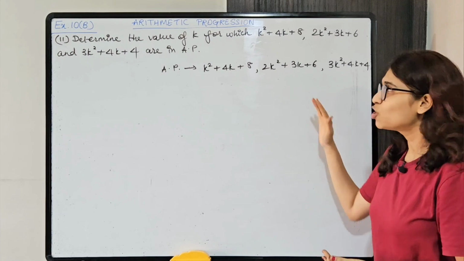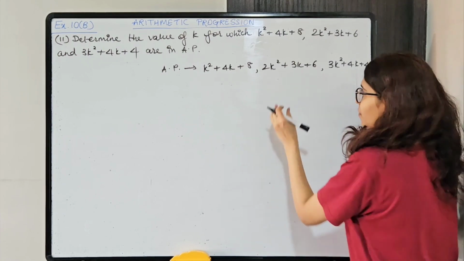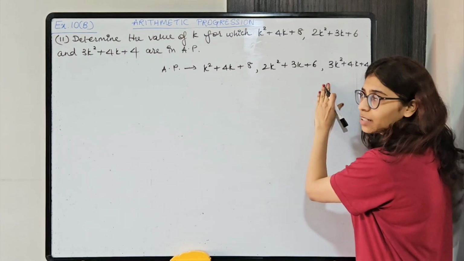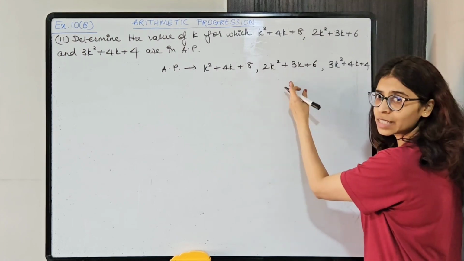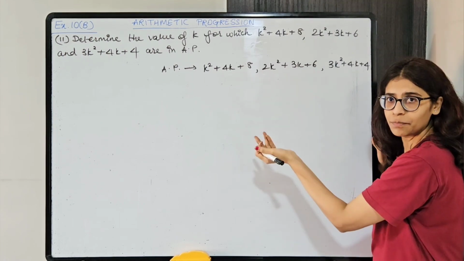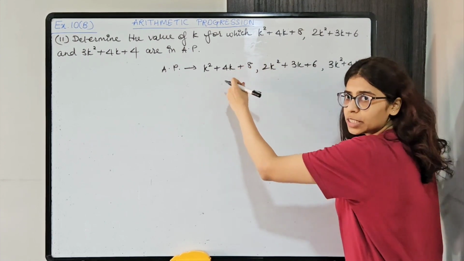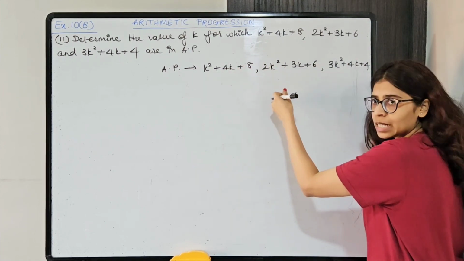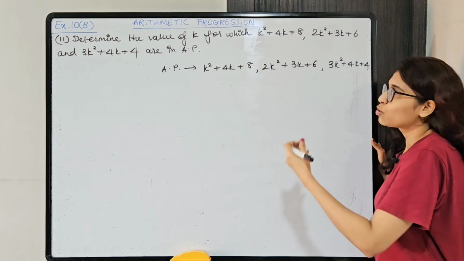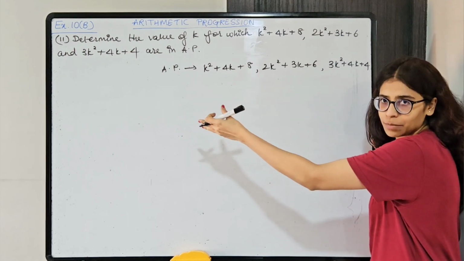बहुत इजी है, just like the previous sum. Since they are in AP, the difference between the consecutive terms will be same, है ना, because second term minus first term will give me common difference, third term minus second term will give me common difference. So difference तो same ही होगा AP में, right?